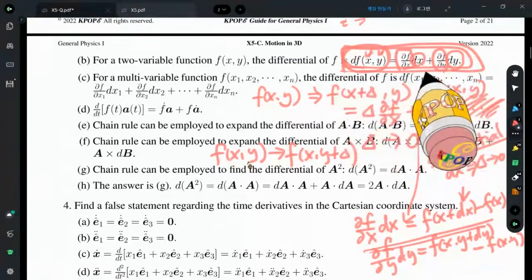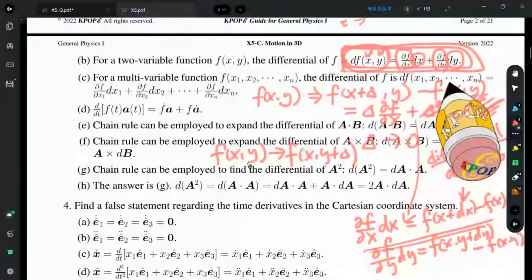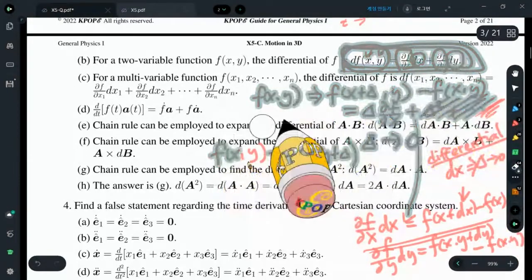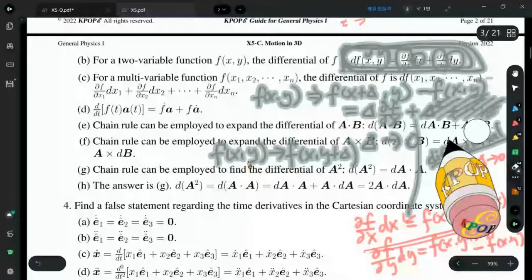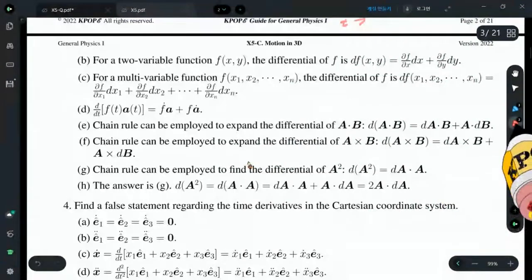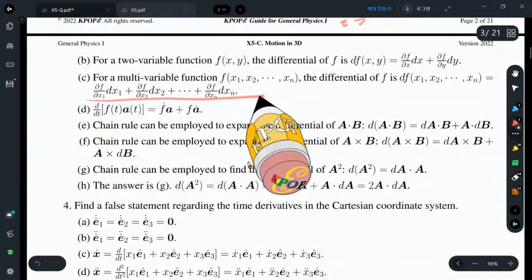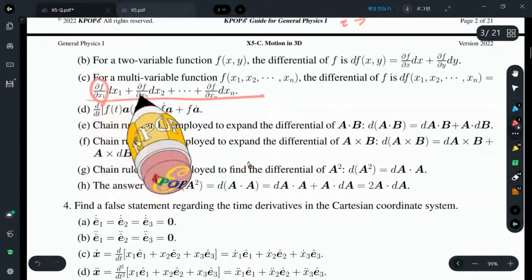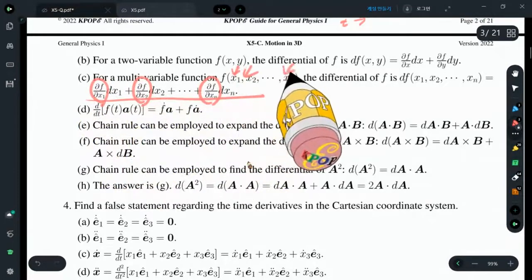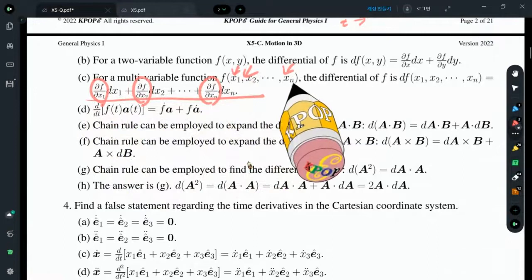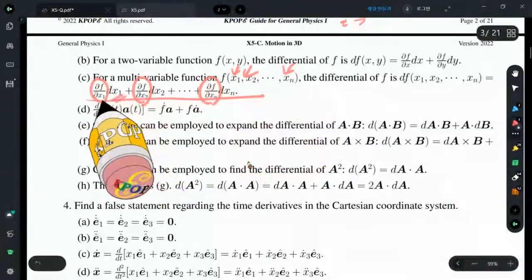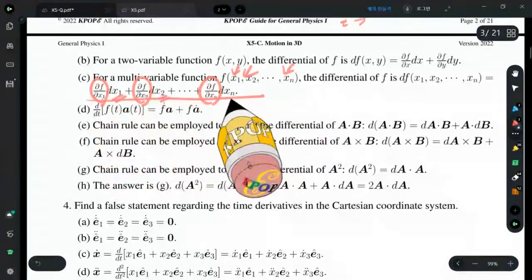We can extend this idea to the n variables case. Then the total differential of a function is the sum of these: every partial derivative with respect to all of the independent arguments, multiplied by the corresponding differential.